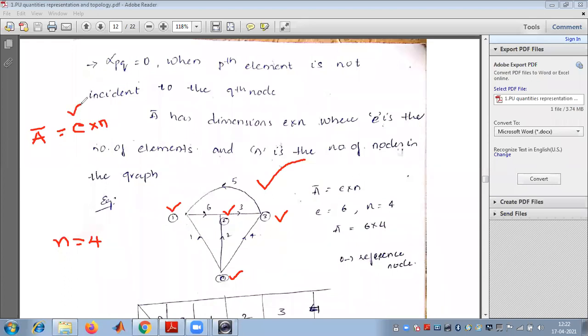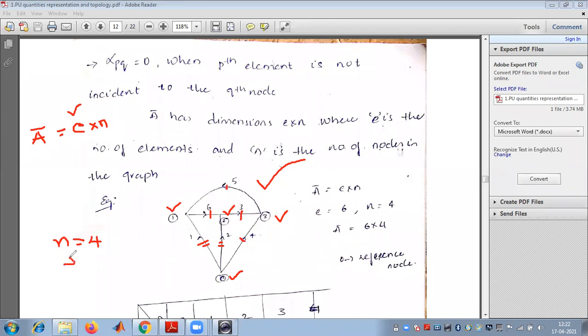Elements are nothing but line segments. So let us determine how many line segments are there in order to connect 4 nodes. The first line segment is this one. Line segment 1, segment 2. A line segment is nothing but an element here. Now 3, now 4, now 5, now 6.